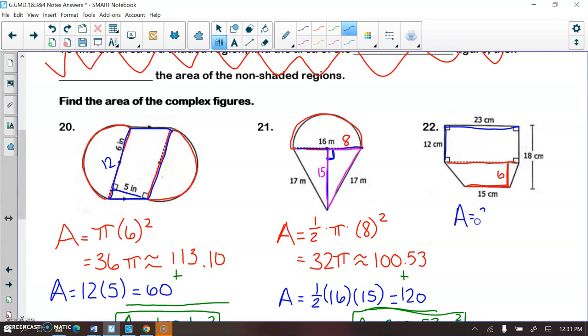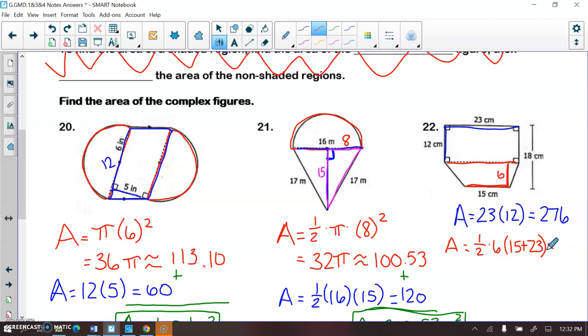That's going to be 23 times 12, which comes out to be 276. And we find the area of the trapezoid, which is going to be 1/2 times the height of 6 times the sum of my two bases.